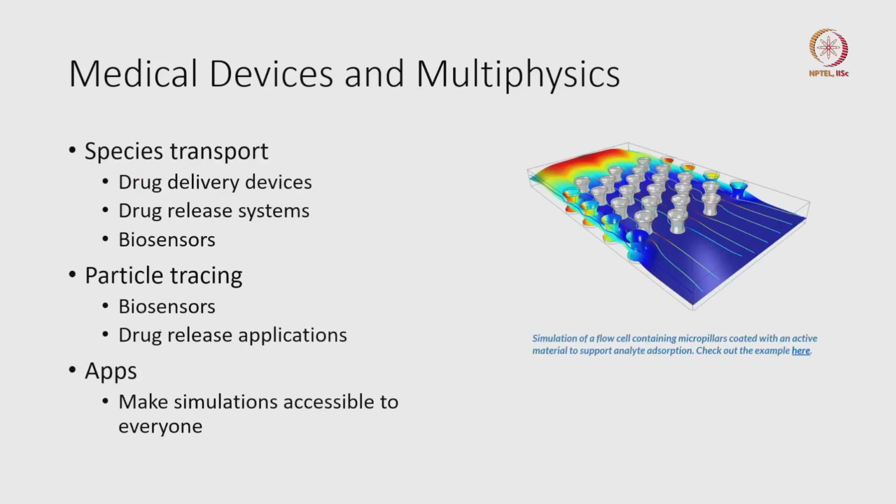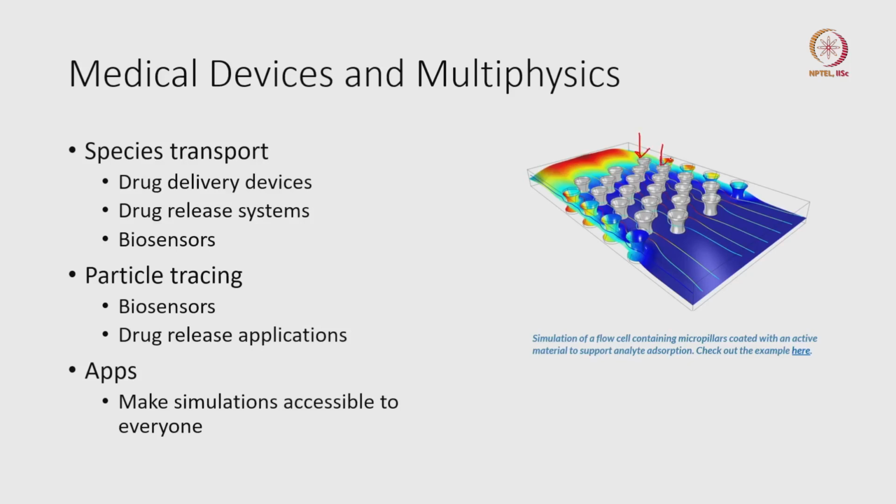Okay. Finally, we have the drug delivery analysis. So how effective the drug delivery is. For example, how effective a biosensor is. So here we have multiple micro pillars that you will see over here. So this is the micro pillar.